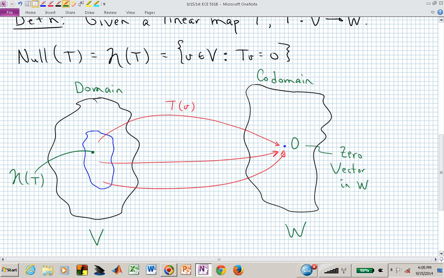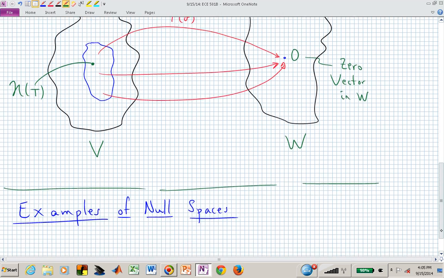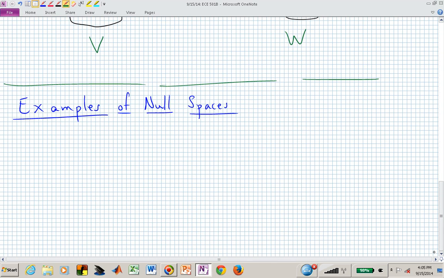Let's look at some examples of null spaces. And these will be more abstract than maybe if you were taking a beginning linear algebra class. Let's look at the differentiation map.